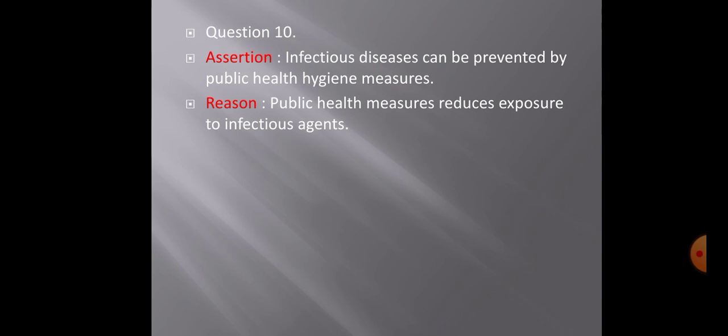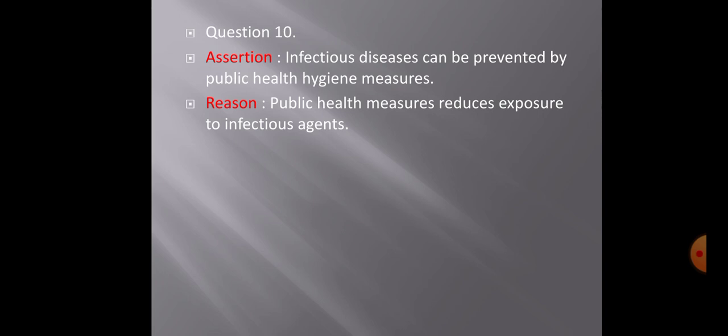If our hygiene is good, then it is helpful for preventing infectious disease. For example, right now, suppose you are suffering with cough, cold or something, then if you wear a mask, it is helpful for other people around you to avoid this infectious disease.